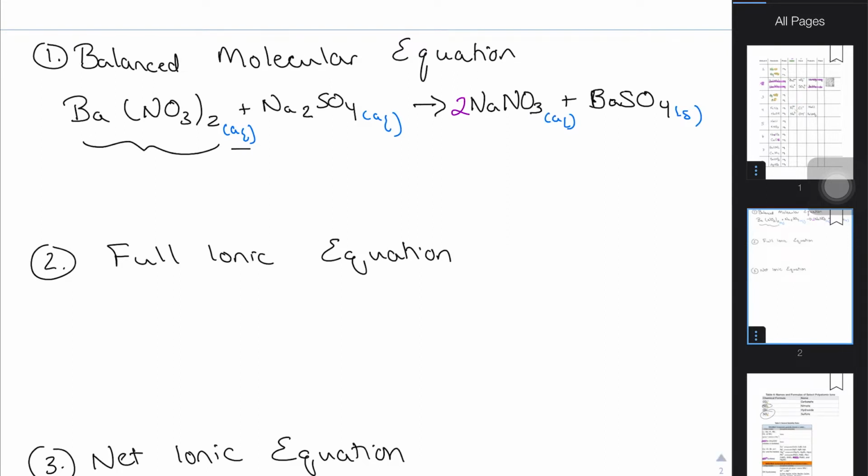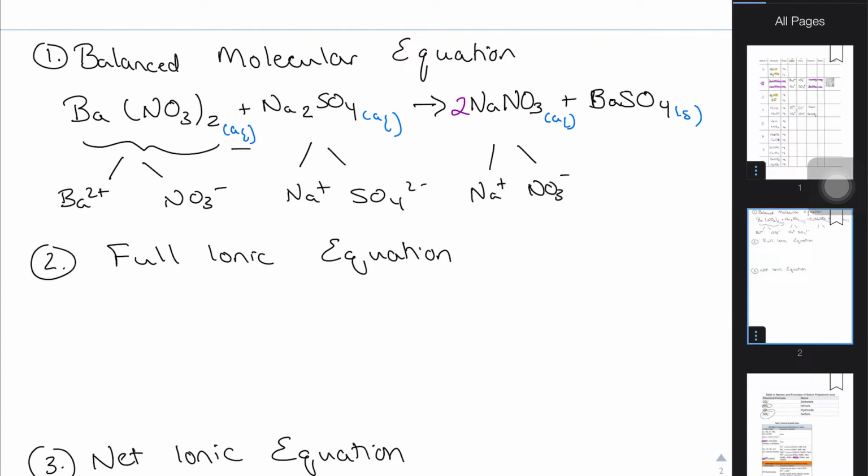But they're not. They're aqueous. So in reality, they're broken up into cation and anion pairs. So you have Ba2+ ions and you have NO3- ions. And here we have Na+ ions and SO4 2- ions. And for the sodium nitrate, we have Na+ cations and NO3- anions.